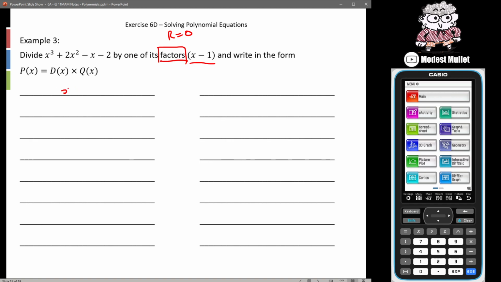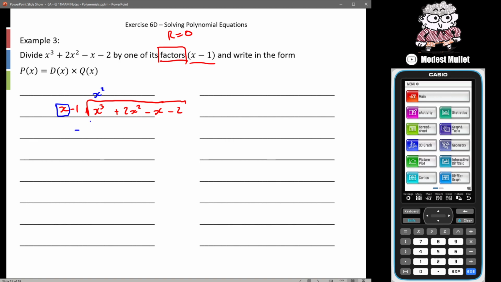I'm going to do long division just because it's something that I think pretty much everyone always needs to practice, and let's give myself a little bit more space. x minus 1, here we go, x cubed plus 2x squared minus x minus 2. Our x is our main one there, so we're going to do x cubed divided by x gives me x squared.